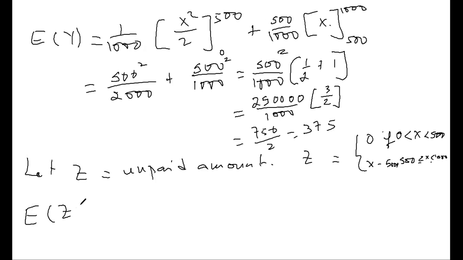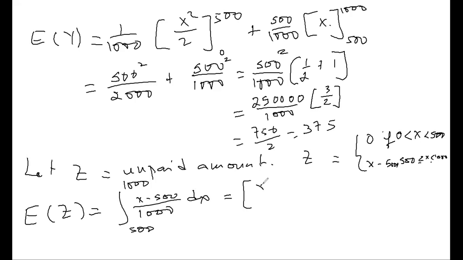So E of Z is equal to the integral from 500 to 1000 of x minus 500 divided by 1000, which is x squared over 2 from 500 to 1000, minus 500.